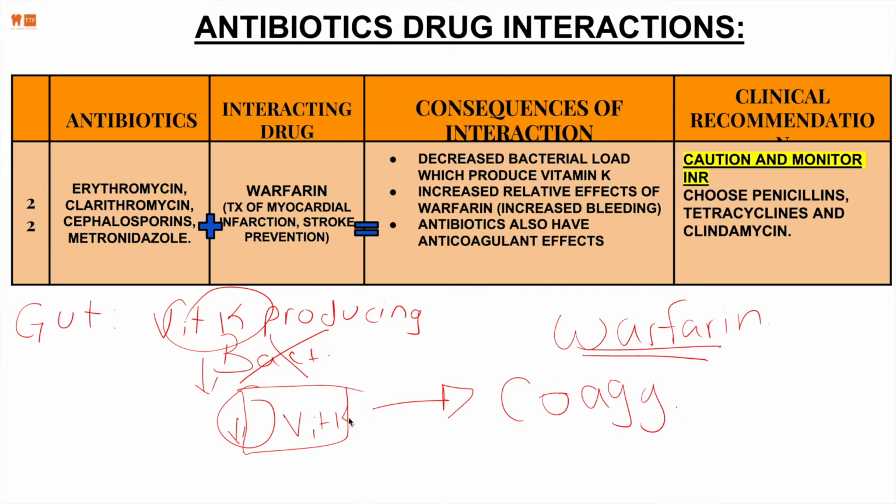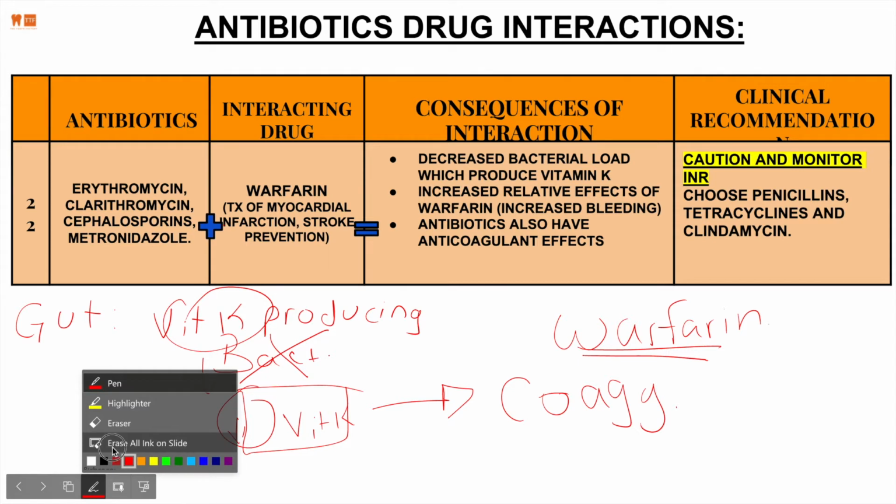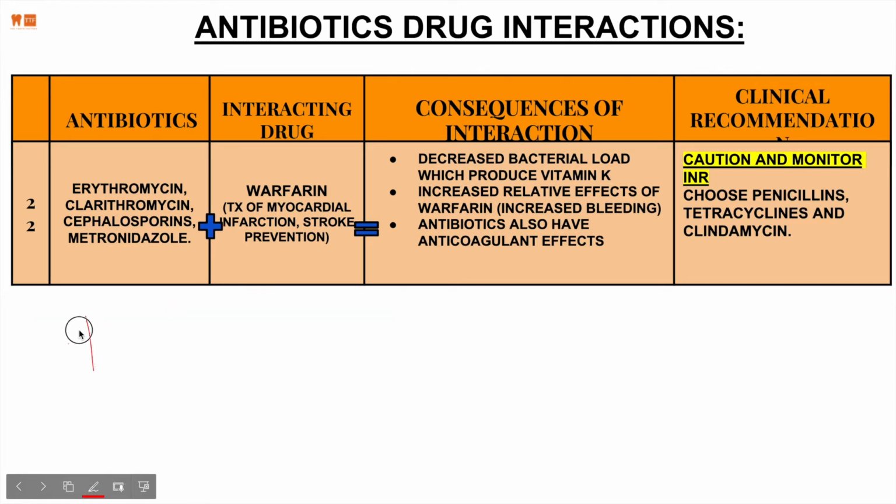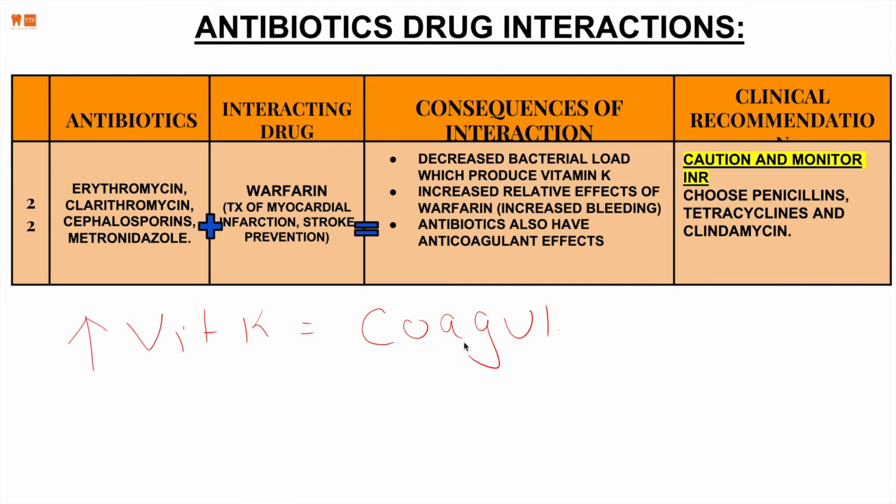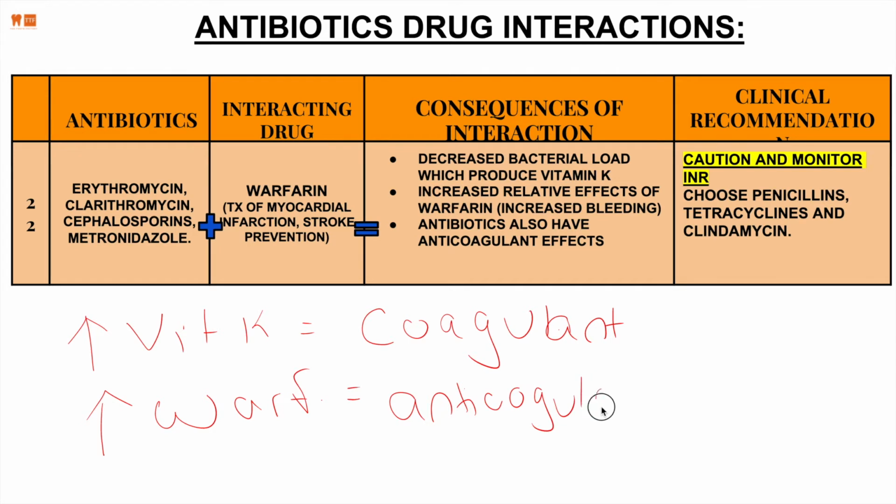Now, here's the catch. I'm going to erase this and we'll go at it again. So if an increase in vitamin K is coagulant, and an increase in warfarin is anticoagulant, and if we reduce the vitamin K by killing the bacterial load here that produces vitamin K, we will get rid of the coagulant effect, correct?